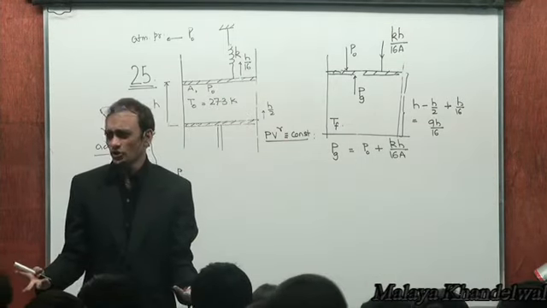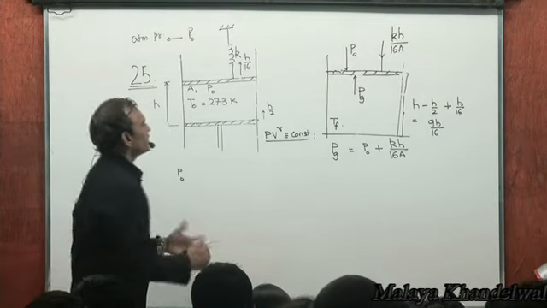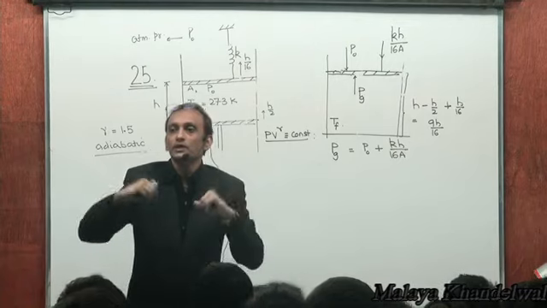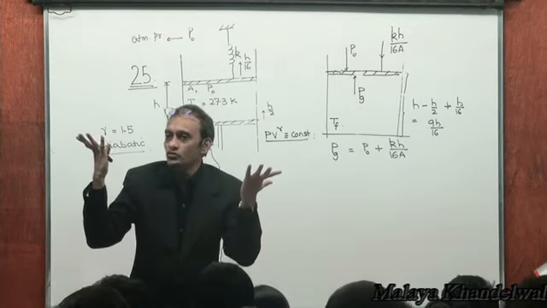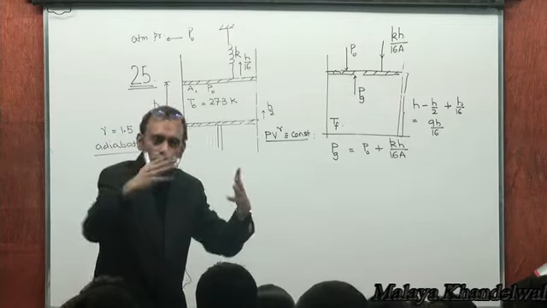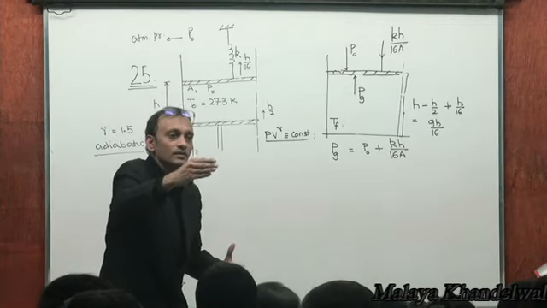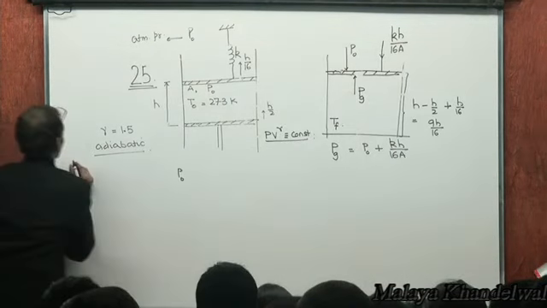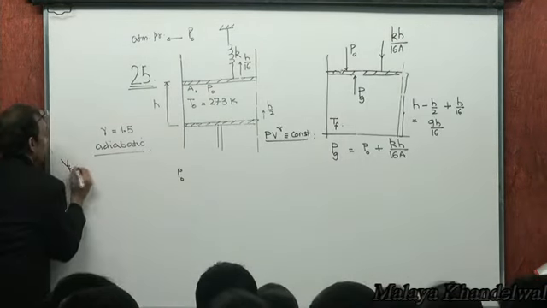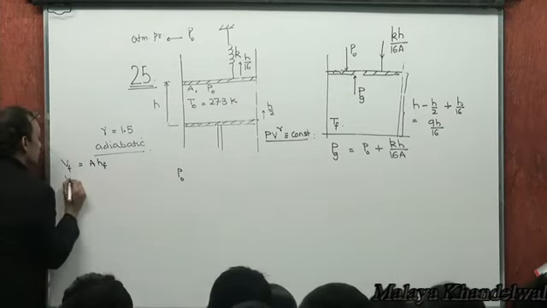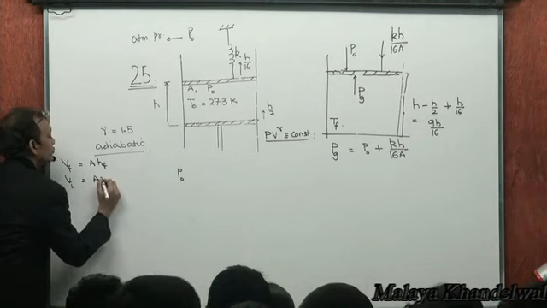Final volume is A into final height, where A is the area of cross section; initial volume is A into initial height.